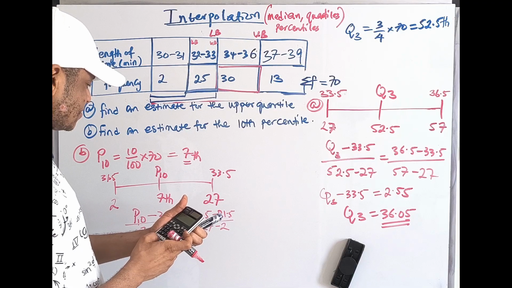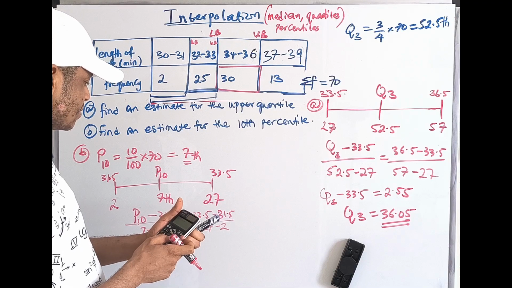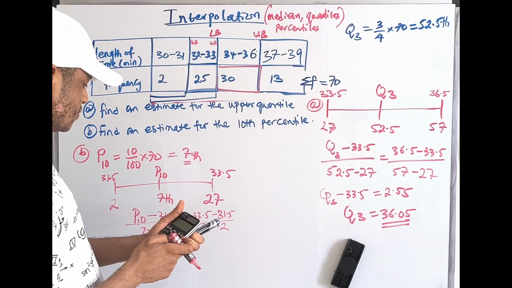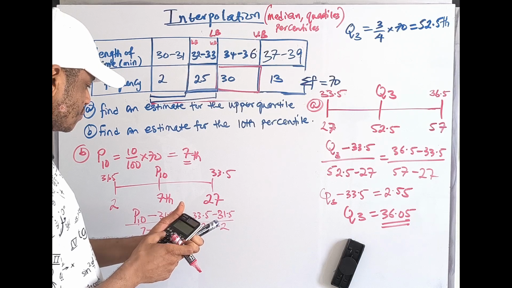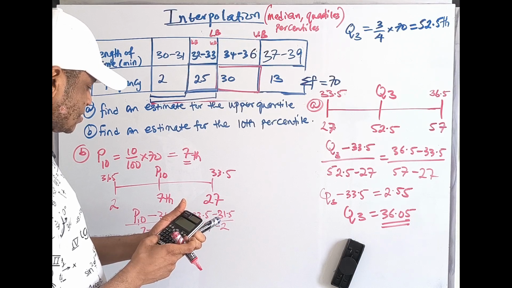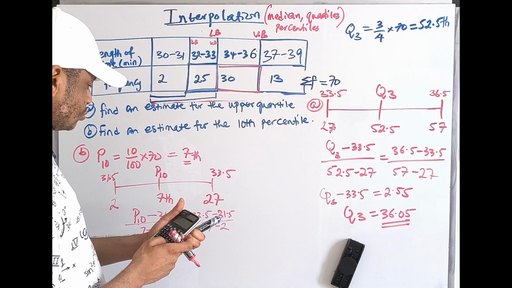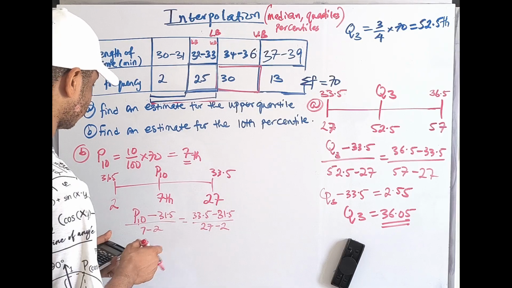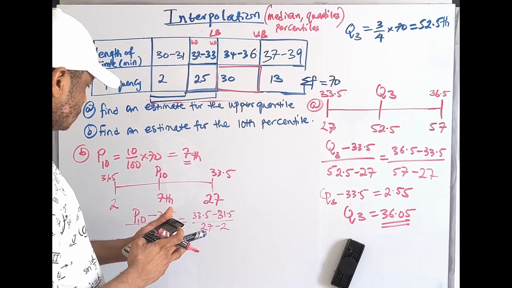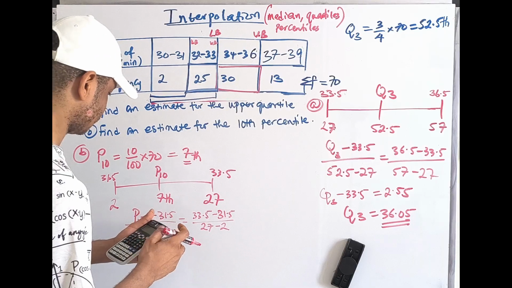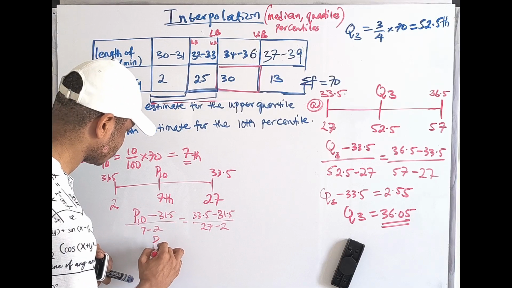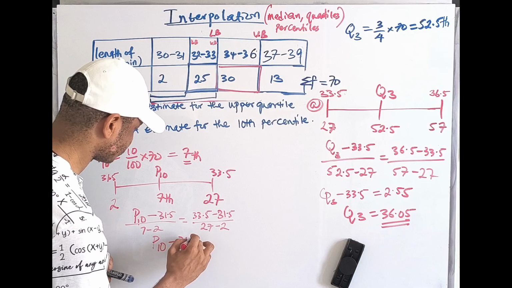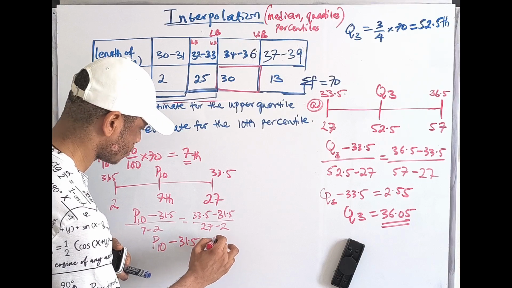You can press and see if it's the same. So P10 minus 31.5 gives me 0.4.